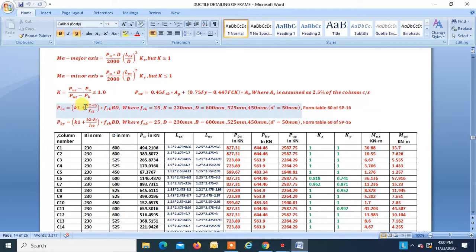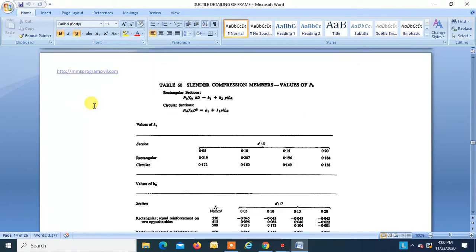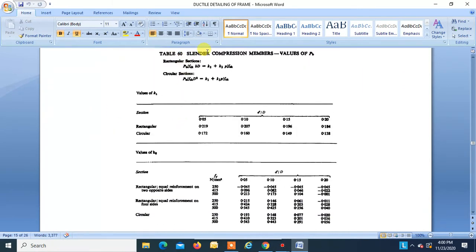So we can find K1 and K2 from this table, okay. This is Table 60. Ours is a rectangular section, so K1 can be found from this for the ratio of D dash by D, and K2 is found from this table. It depends upon how the reinforcement is distributed, okay.